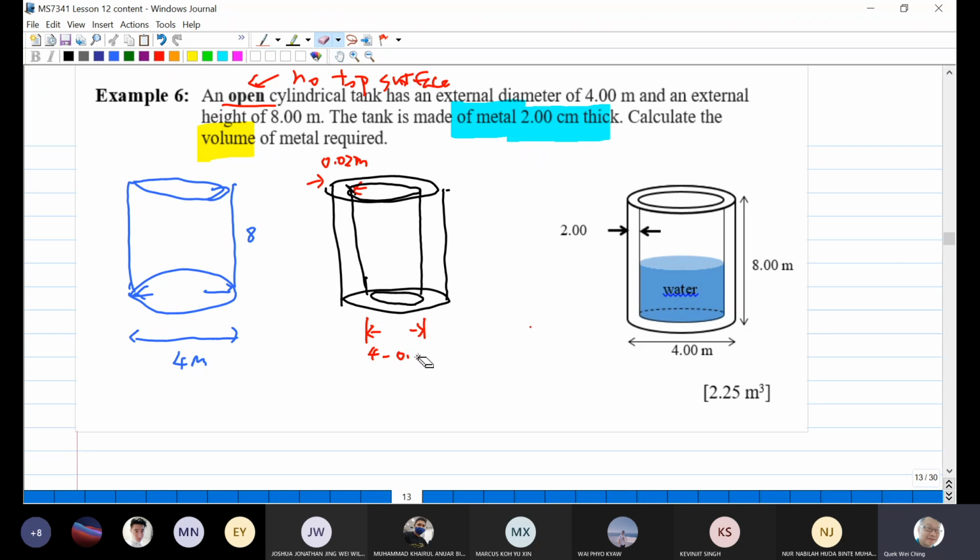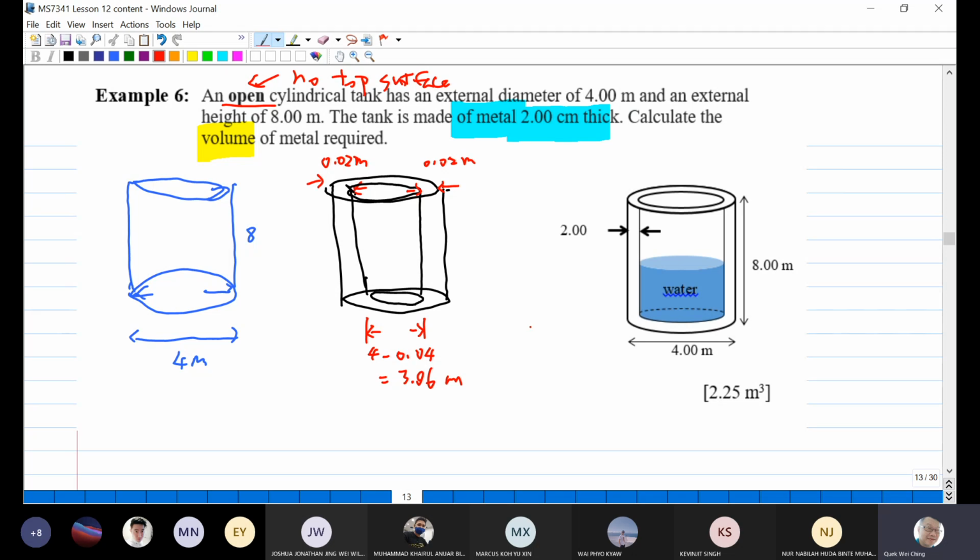Because each side is deducted 0.02, so 0.04 now. So this is actually 3.96 meter now.